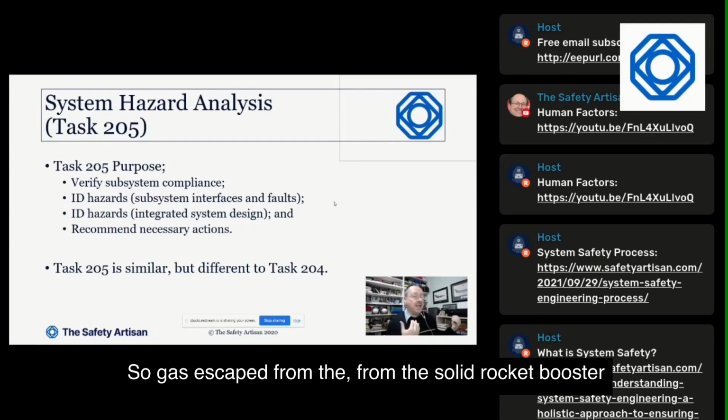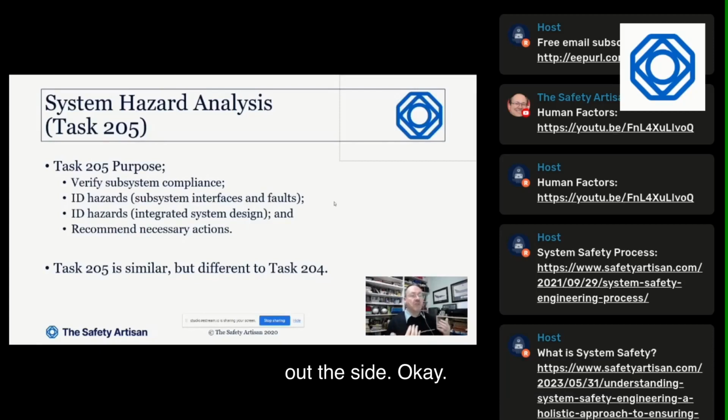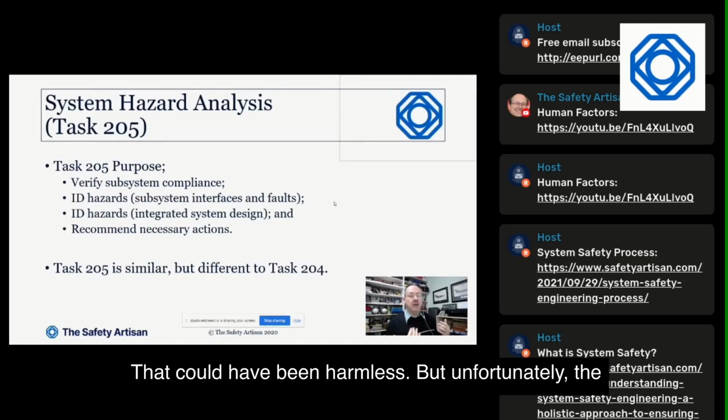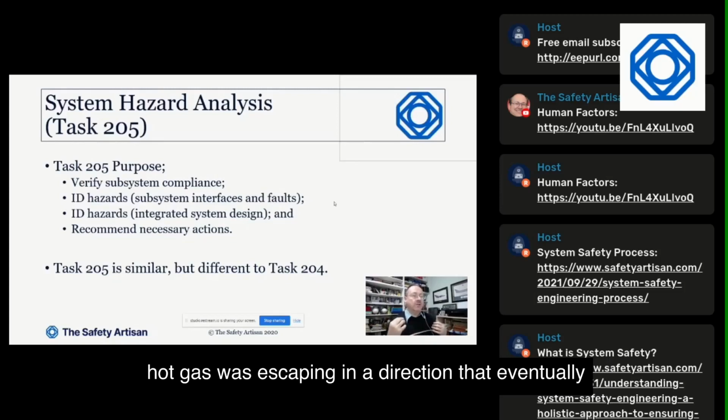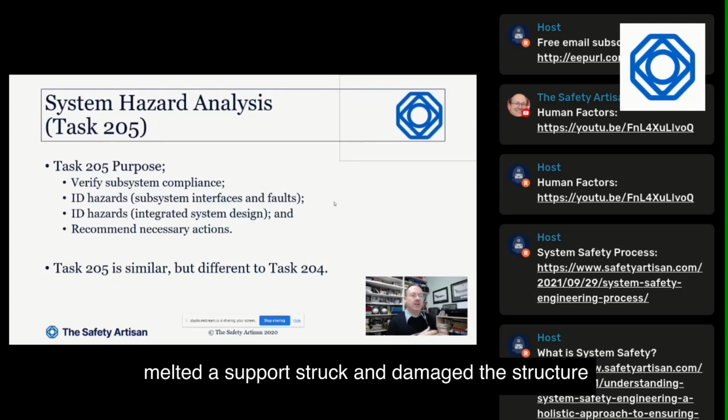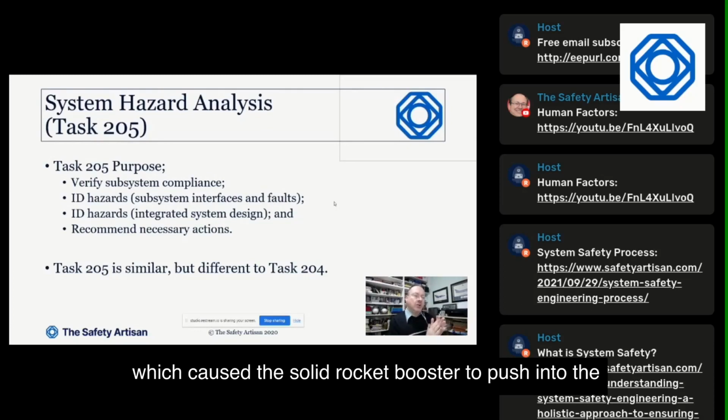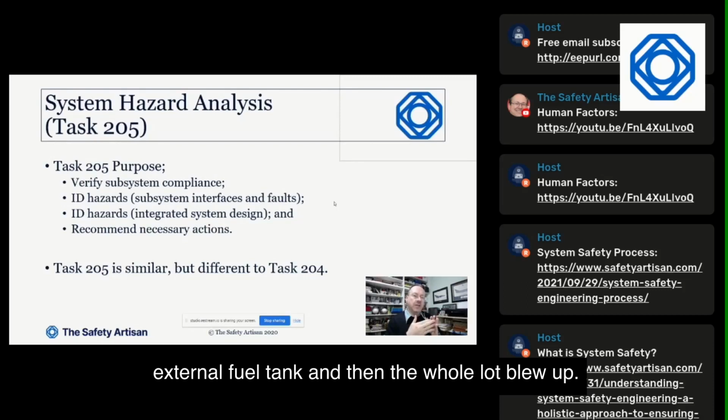So gas escaped from the solid rocket booster out the side. Okay, that could have been harmless, but unfortunately the hot gas was escaping in a direction that eventually melted a support strut and damaged the structure, which caused the solid rocket booster to push into the external fuel tank, and then the whole lot blew up.